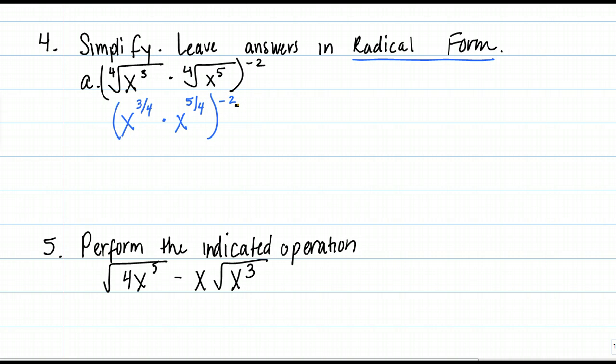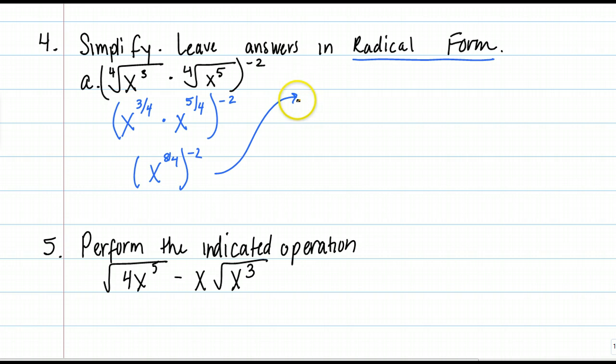Now there's a few things we could do here. Since we have the same base, I recommend combining what's inside these parentheses. And remember, when you multiply things with the same base, you add the exponents. In this case, it's nice and easy because we already have a common denominator of 4. So 3/4 plus 5/4 is 8/4, and that's to the negative 2 power.